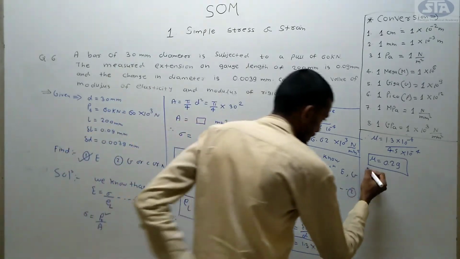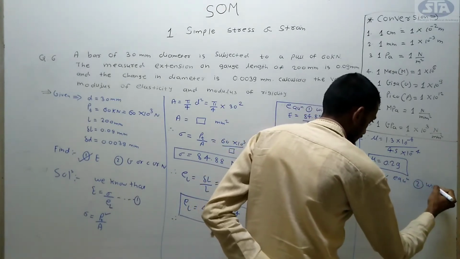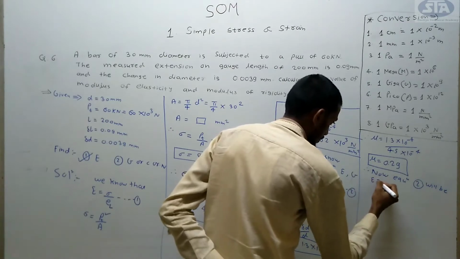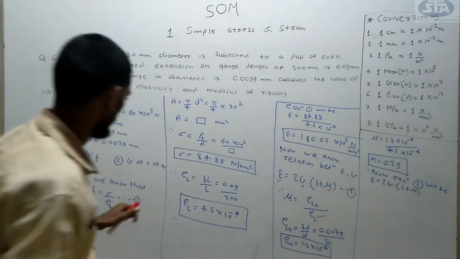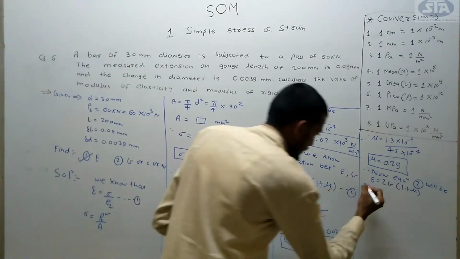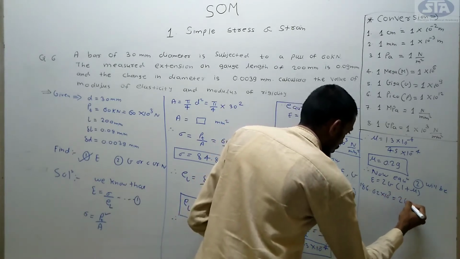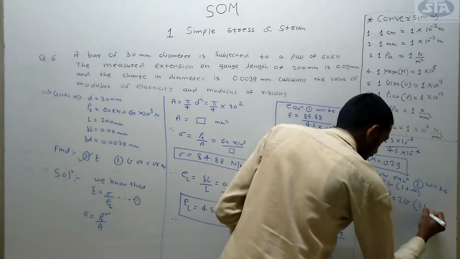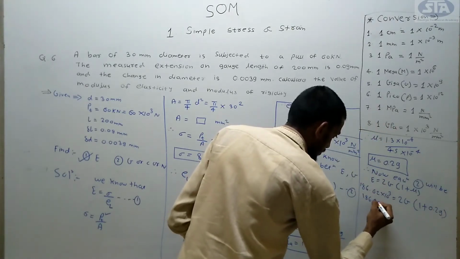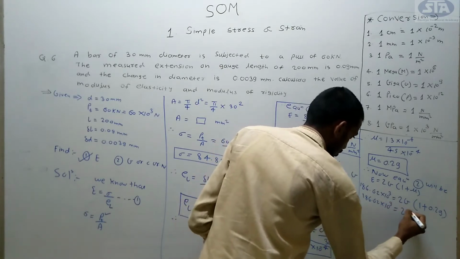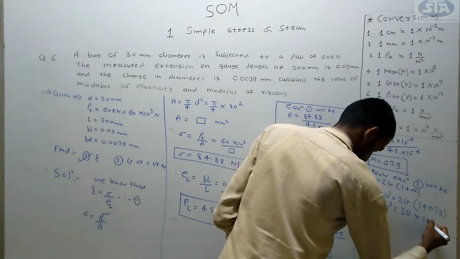Now equation 2 will be E is equal to 2G into 1 plus mu. आपके पास E का वैल्यू है, फाइंड आउट किया हुआ. 186.62 into 10 raised to 3 is equal to 2G, आपको फाइंड आउट करना है, into 1 plus mu, ऑलरेडी आपको मिला है 0.29. 186.62 into 10 raised to 3 as it is, 2G as it is in multiplication with this whole bracket, its addition which is 1.29.